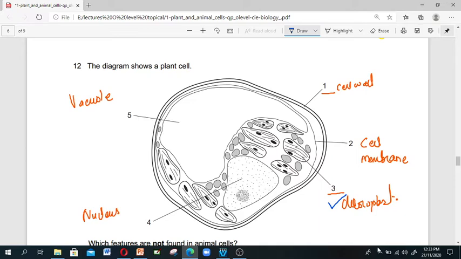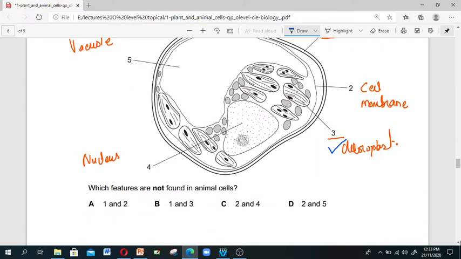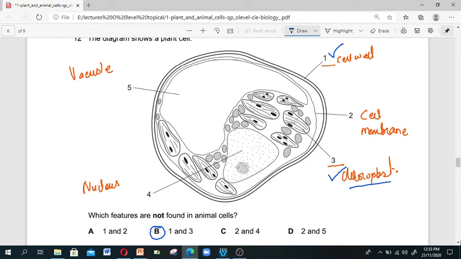Nucleus, vacuole may be temporary but may exist, and cell wall is the only feature of plant cell. So the combination of options 1 and 3, option B, is the right option, because chloroplast and cell wall could not exist in an animal cell; these two are specific features of plant cells.